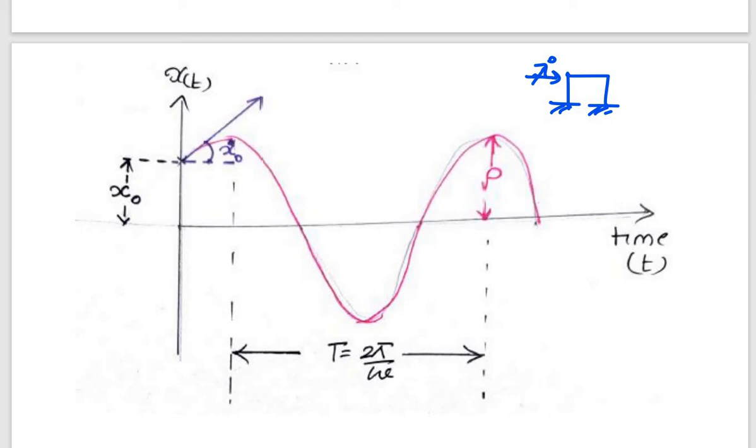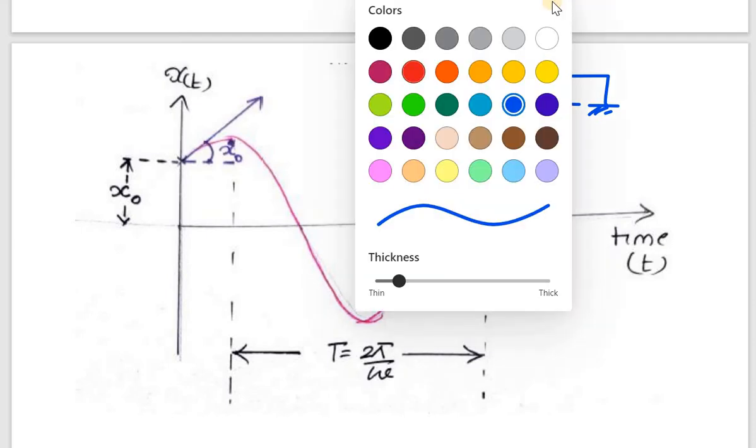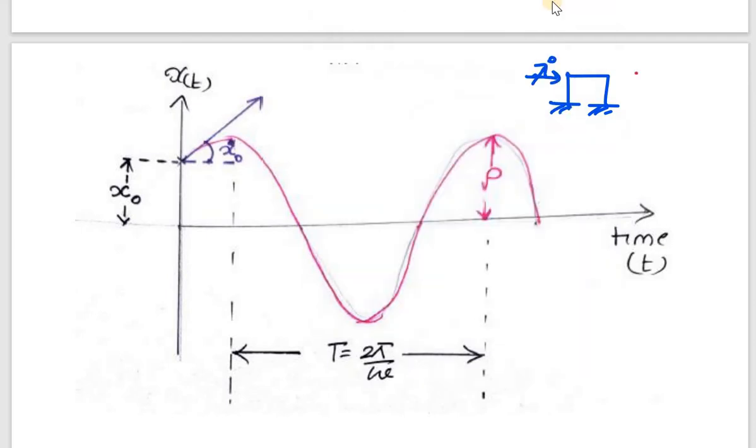But in order to start the vibration, we give an initial displacement. The system is pulled to a side like this and then released. That is the initial displacement that is given here.